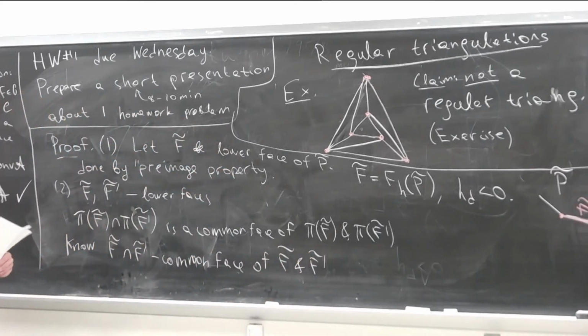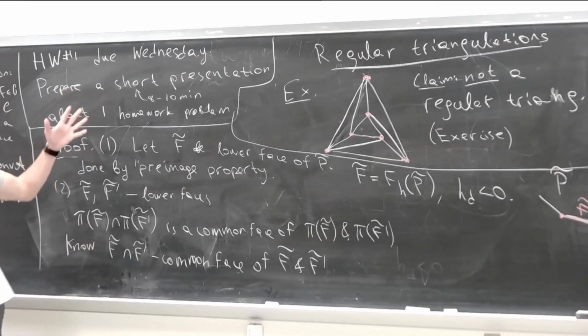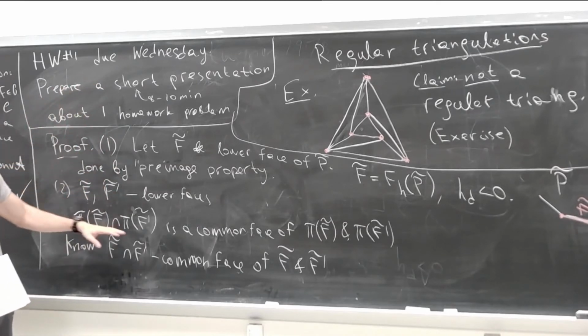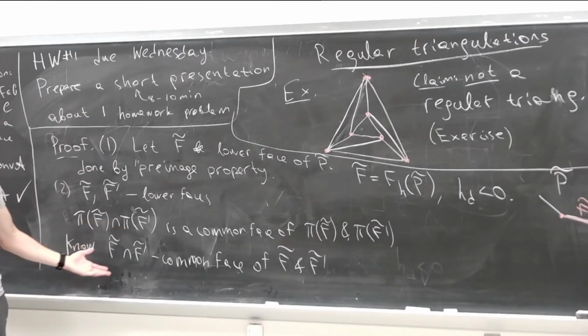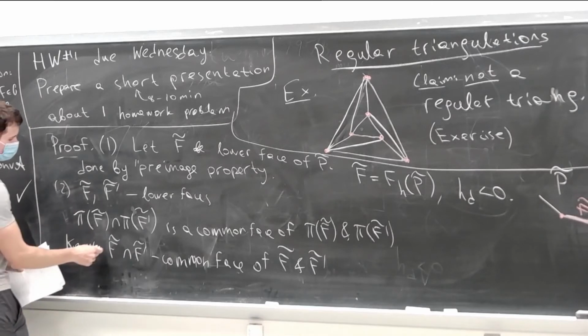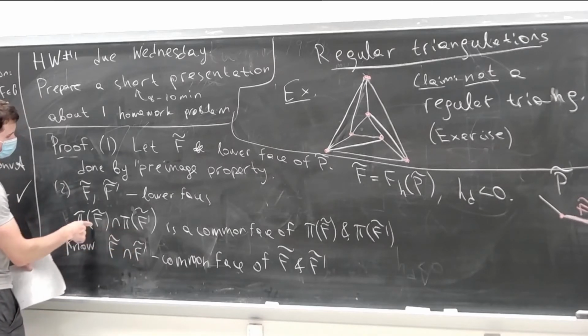So upstairs we know everything is good. But what happens if I project? In general, it's not true that if you project this intersection, then you're going to get this intersection.